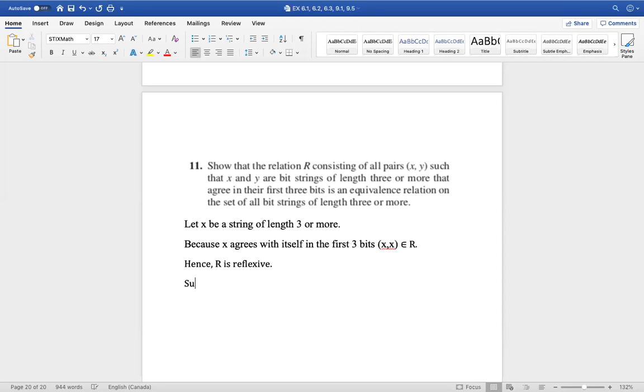Now suppose that we have a pair (x, y) belonging to that relation, that x and y agree in the first three bits.